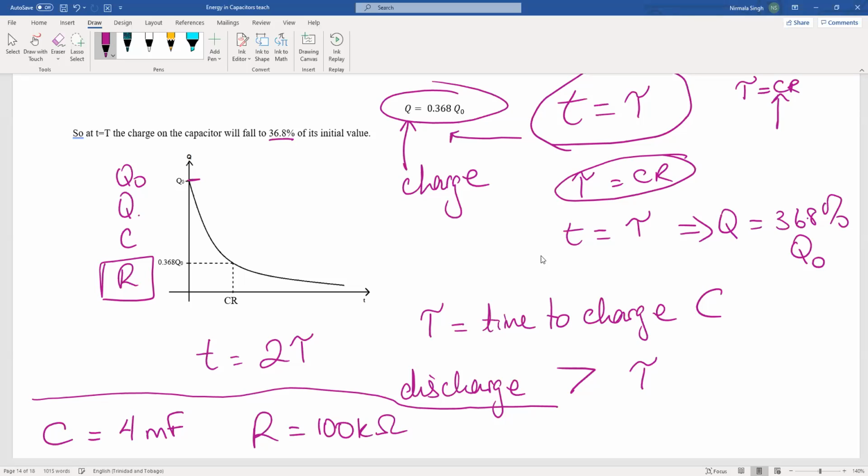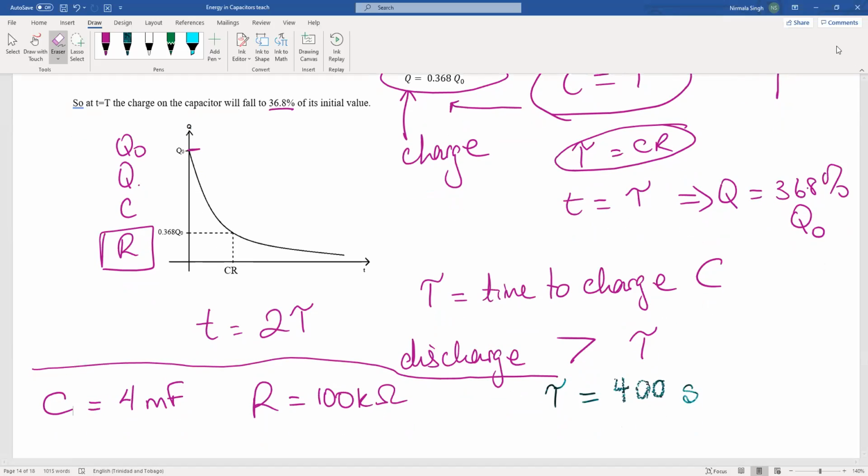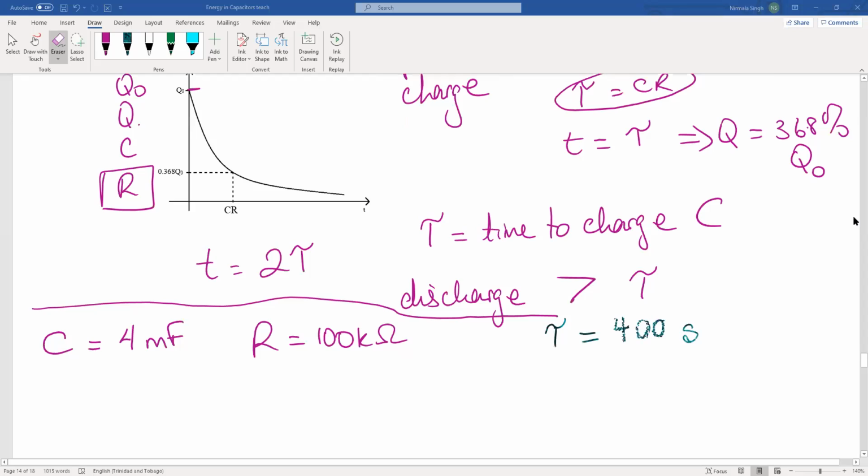If your capacitor is 4 millifarads and your resistor is 100 kilo ohms, you all got 400? You just multiply the two numbers to get 400. So it's quite easy to work out the time constant for these things.